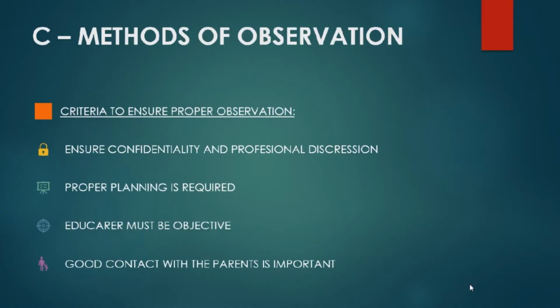Therefore, once you have contact with the parents, they will be able to tell you, please know that this happened last night, therefore be on the lookout, this might affect our baby, this might affect our child. Okay. In short, that's how we deal with our observation and the criteria that will help us to ensure that we make our observation properly.